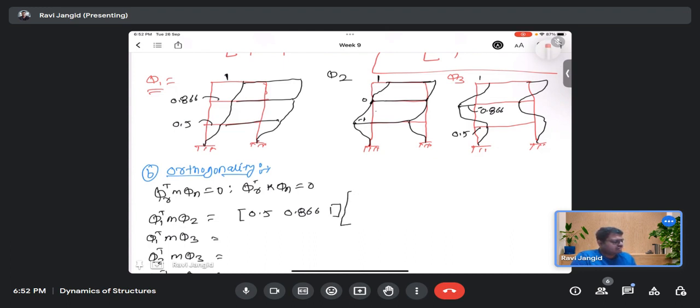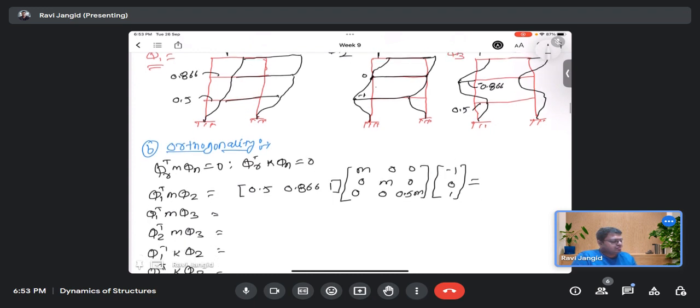Mass matrix is m 0 0, 0 m 0, 0 0 0.5m, and phi 2 is minus 1, 0, 1. So can you calculate this? Can you try and calculate this?